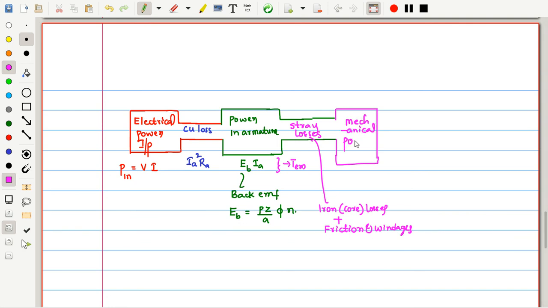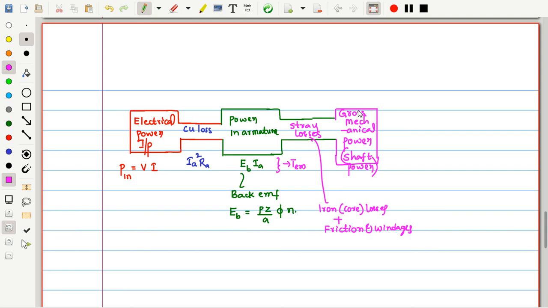Mechanical power. This can also be called shaft power. Why? Because this power is developed on the shaft. So we can call this shaft power, or sometimes gross mechanical power.